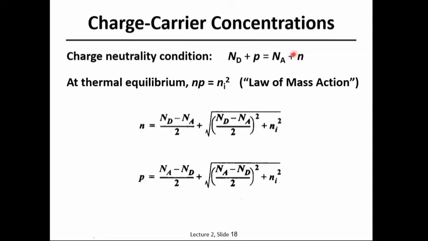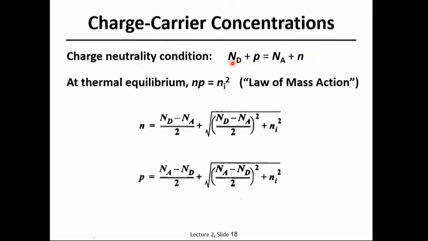So you just substitute. For example, if I want to obtain the concentration of N, I can substitute for P here. P is equal to Ni square over N, and then Nd plus Ni square over N equals Na plus N. So we eliminated P from there.